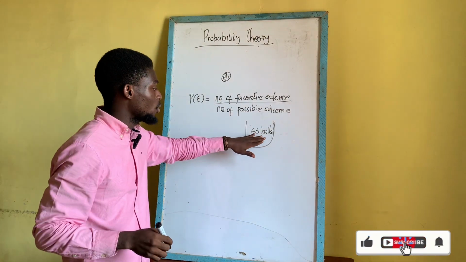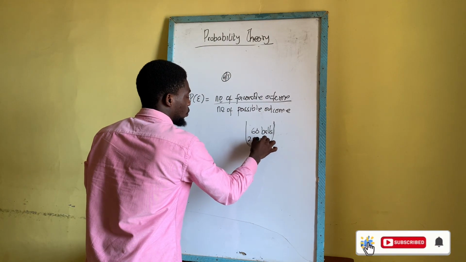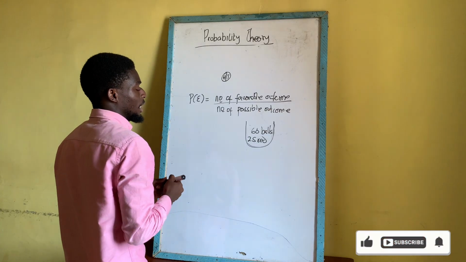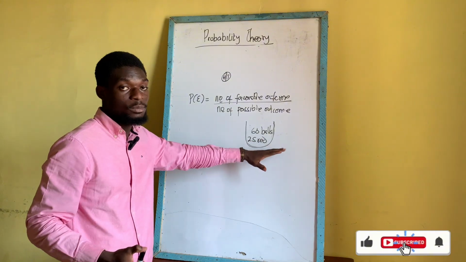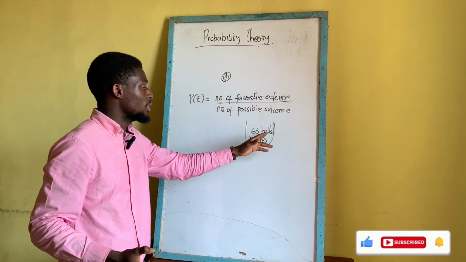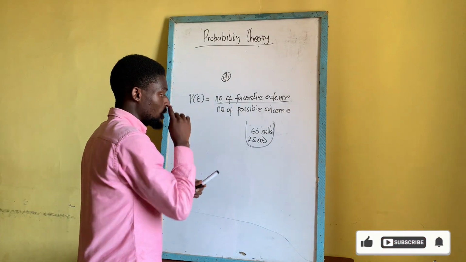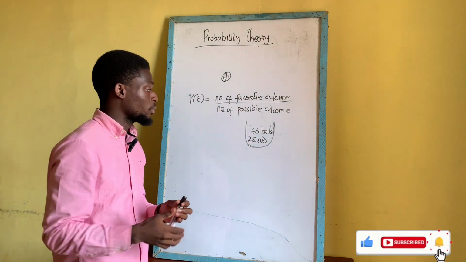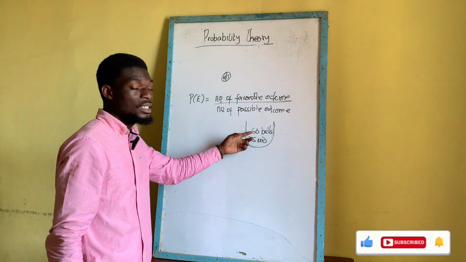In this particular beaker, 25 of the balls are red, and the rest are green balls. So this beaker contains 60 balls, of which 25 are red, and the rest are green. In this case, we don't know the number of green ones, although we know that 25 of the 60 are red.